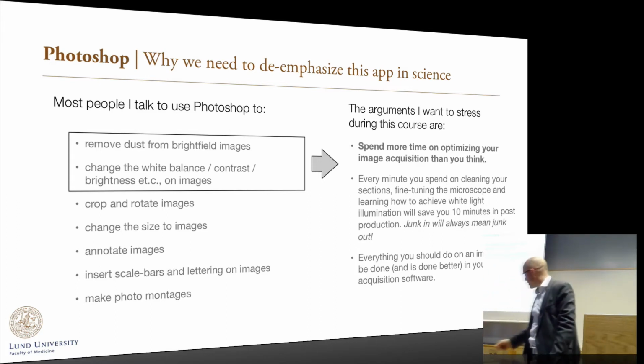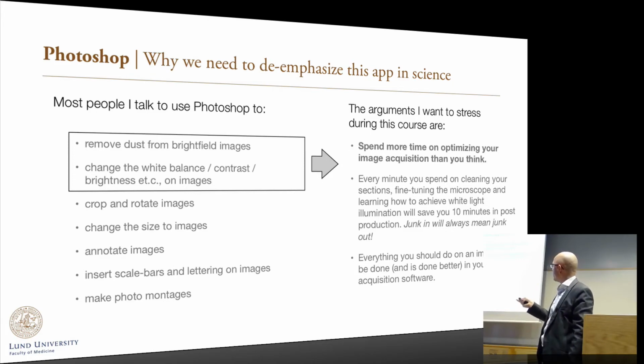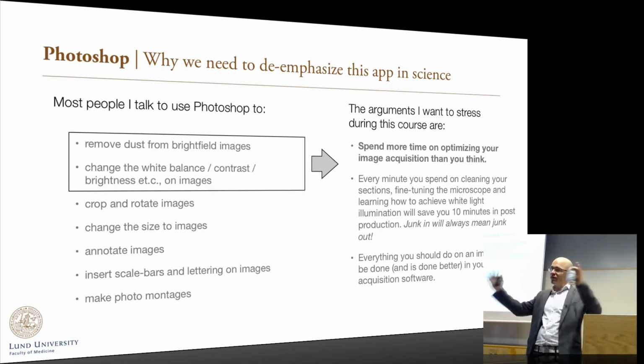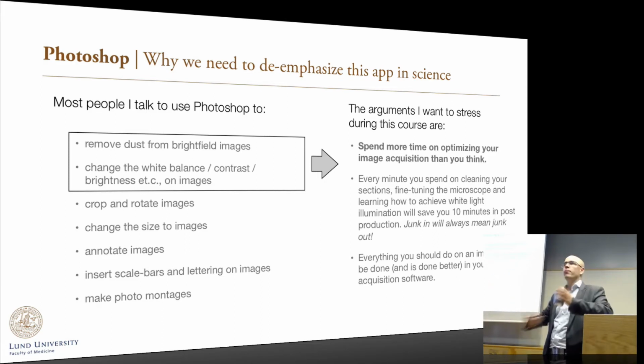That's why you're much better off adjusting white balance, contrast and brightness in the original software. Even though it may export only at 8-bit, you have done all of this stretching and adjustment before you export it. So do all the rough corrections there, and then don't touch the image.